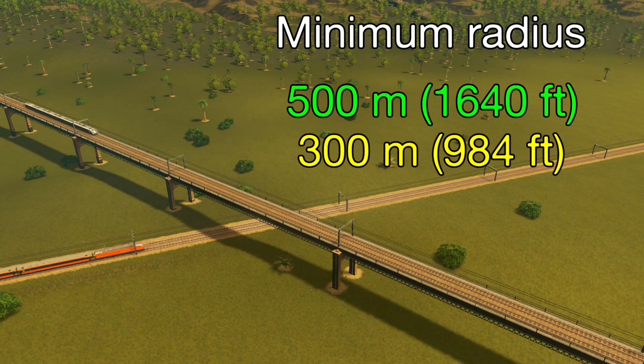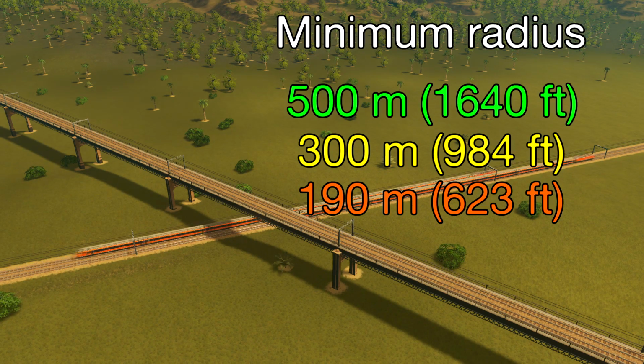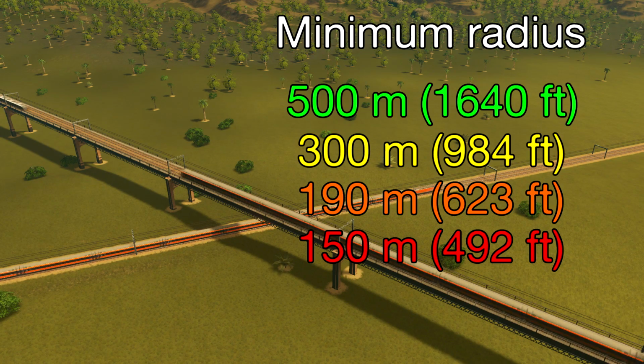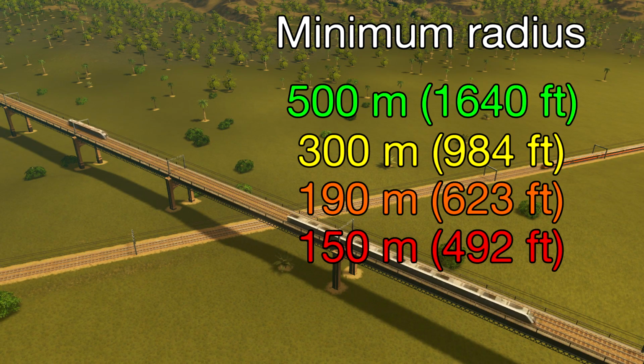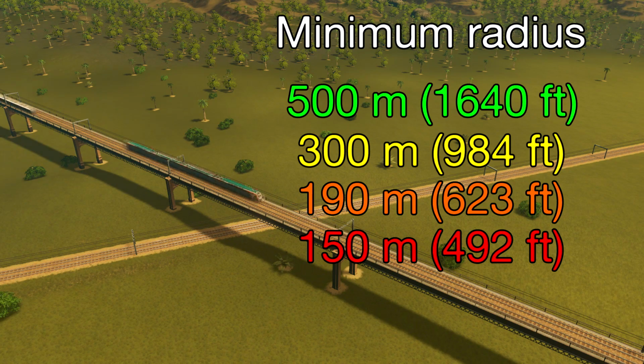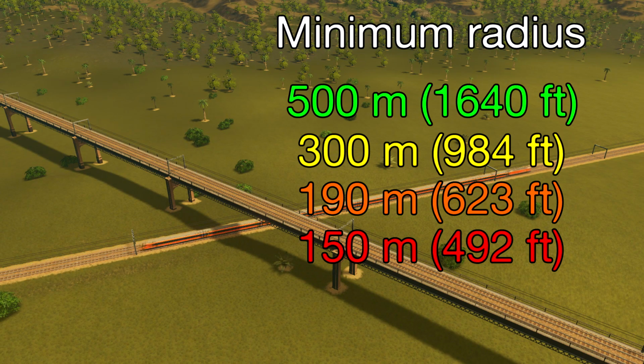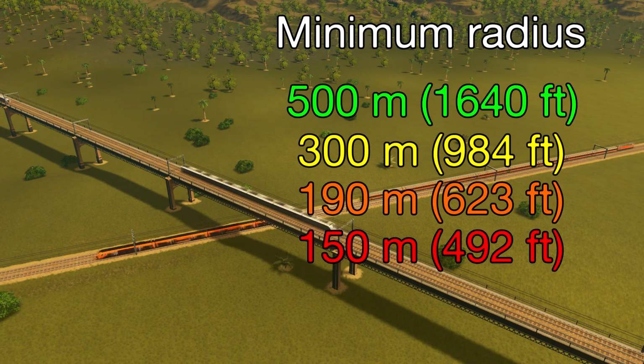We can go all the way down to 190 meters, which is the minimum, but for very low speeds and special cases only, like station tracks, and sometimes even 150 meters, but that radius is already impossible to cross for certain vehicles. Now, even the 500 meter radius is still quite low, so ideally you want to go much higher, as high as you can, basically to maintain some design speed all along the proposed railroad. I'm going to explain the speed limits of trains related to the curve's radius in a following video.